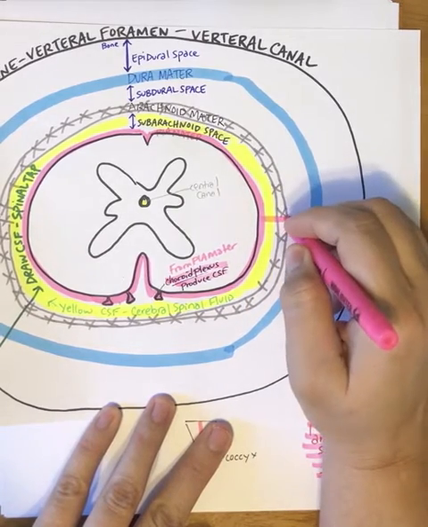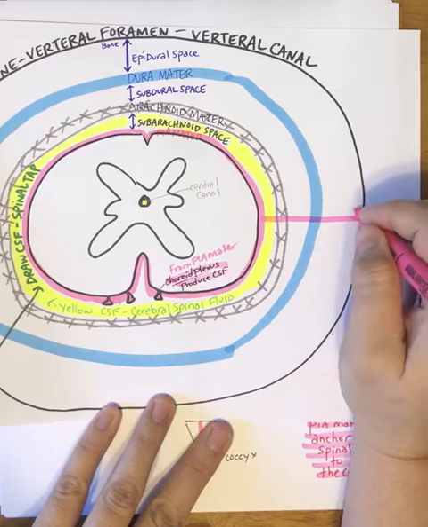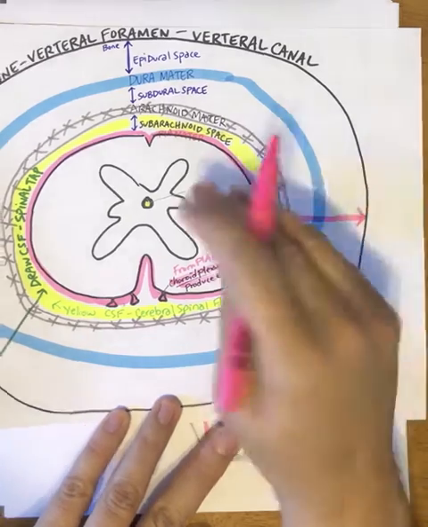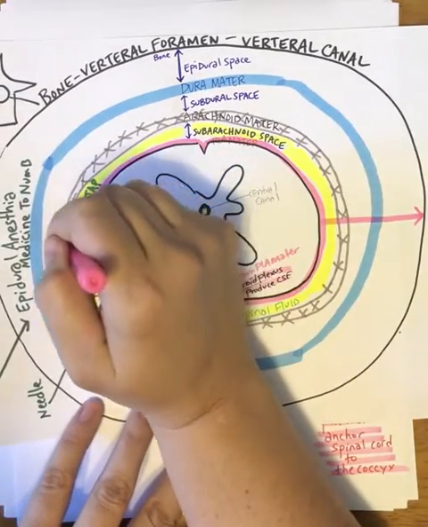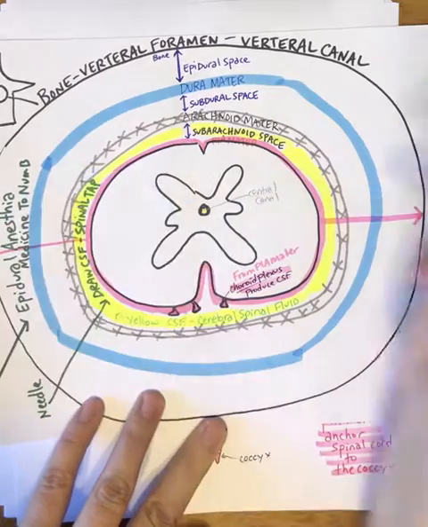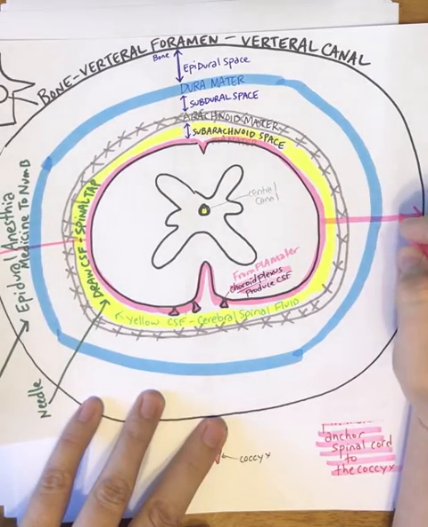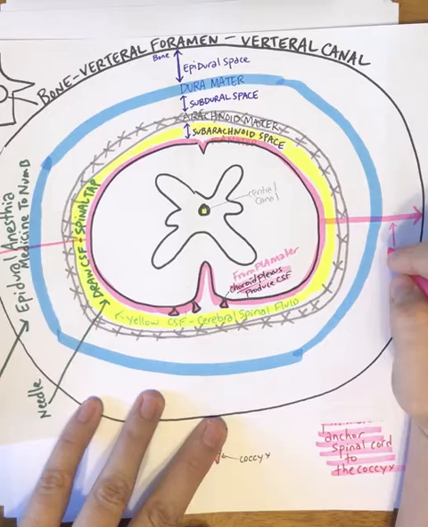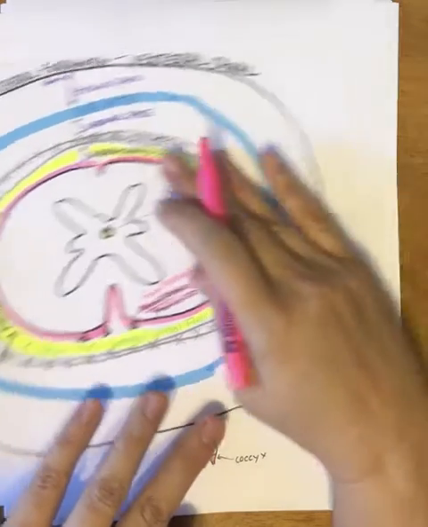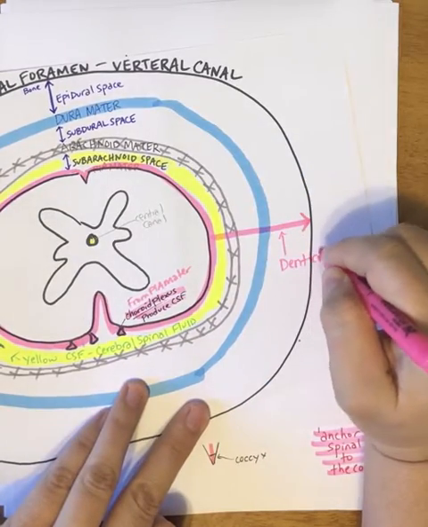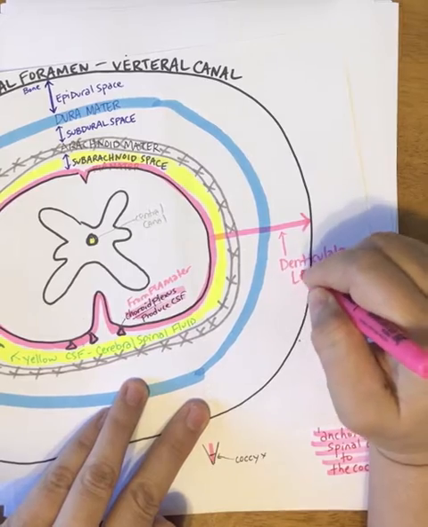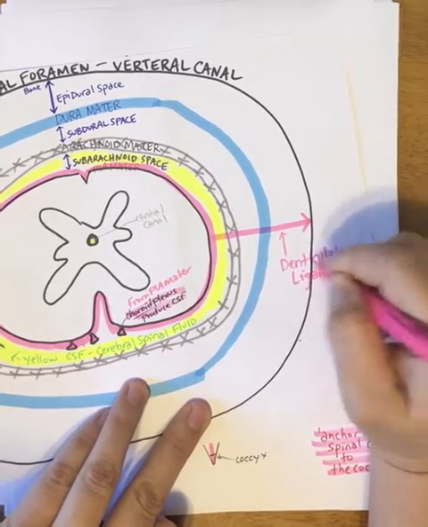going through the arachnoid space, through the dura mater, going out this way, on either side is another extension of your pia mater. This right here is called your denticulate ligament.